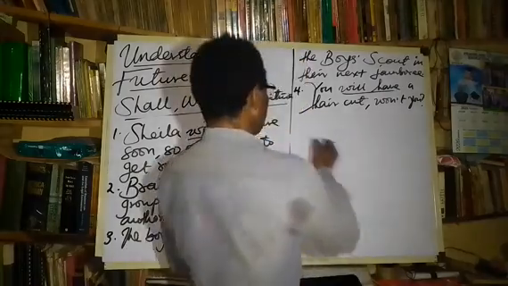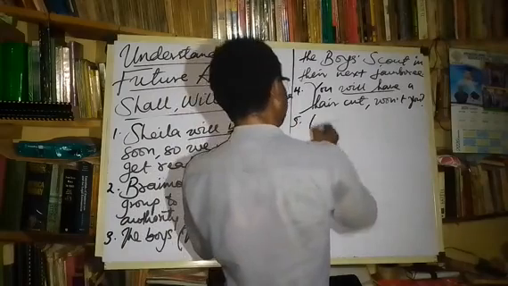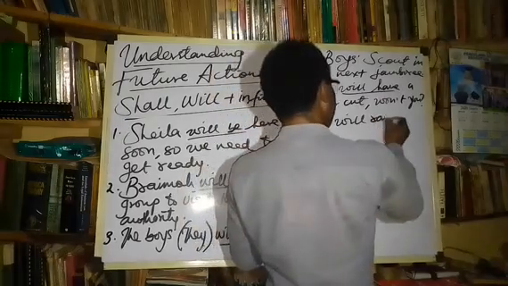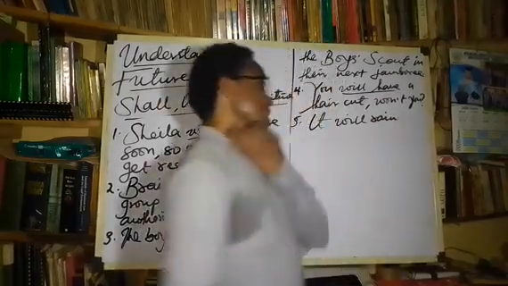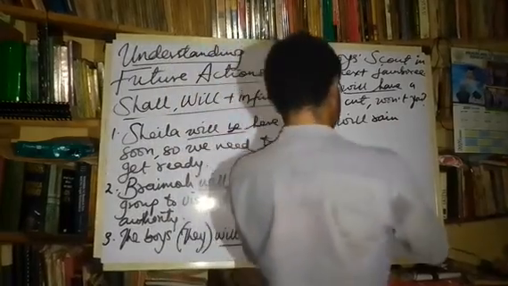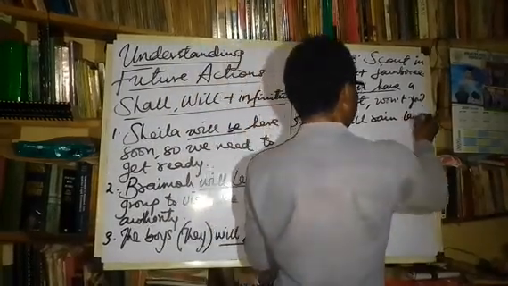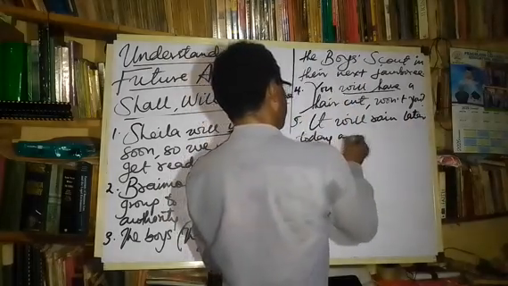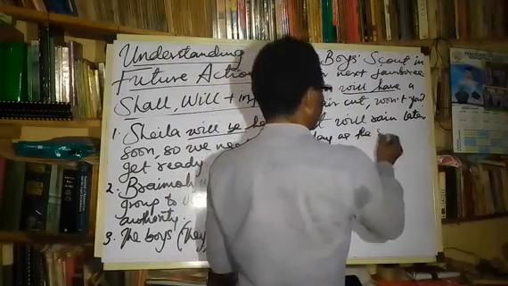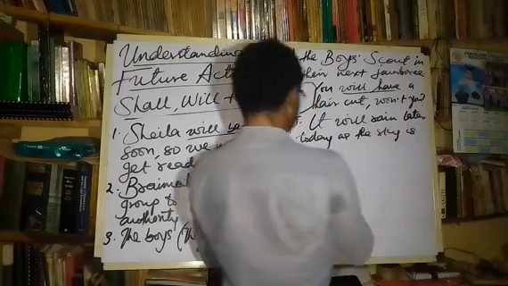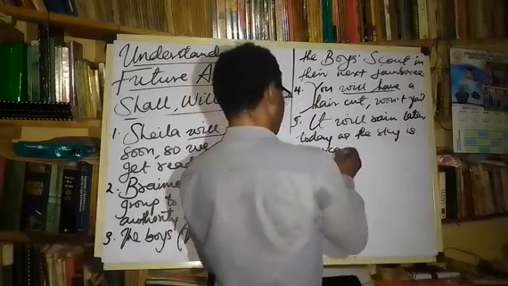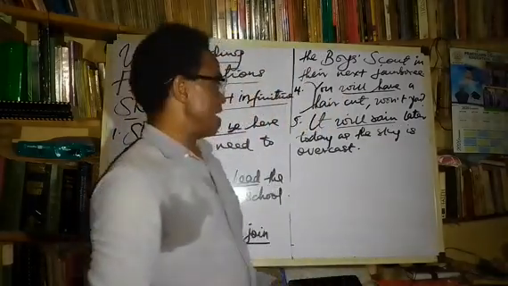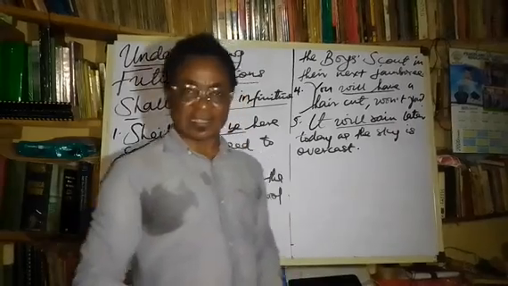So if we say, it will rain later today, it says, it will rain later today as the sky is overcast.